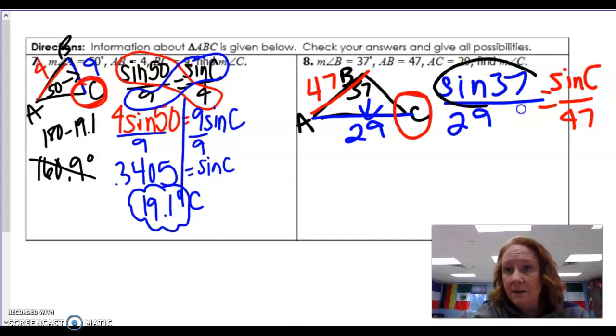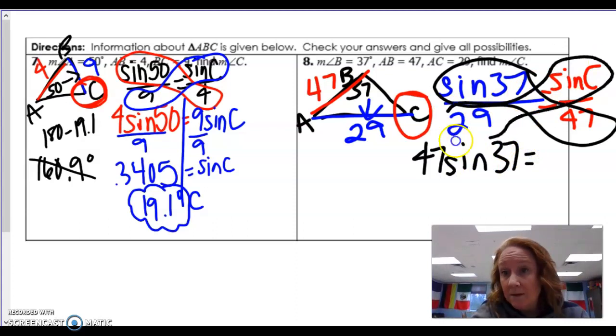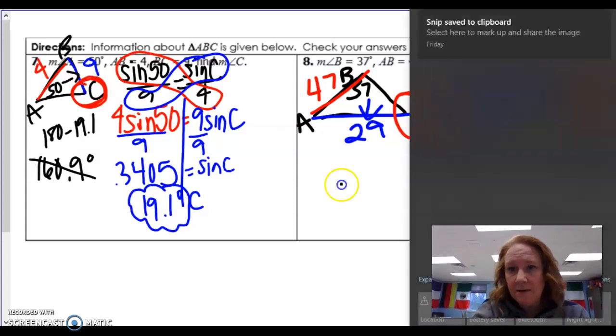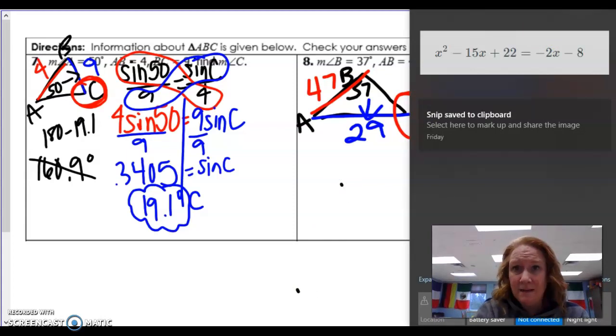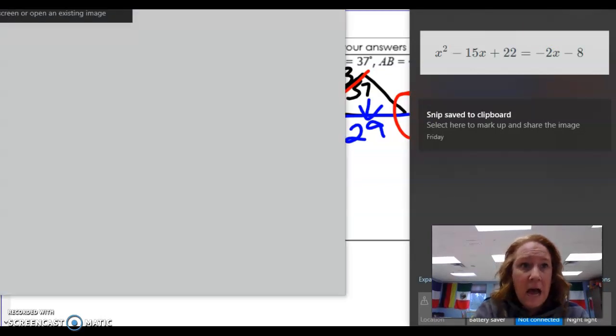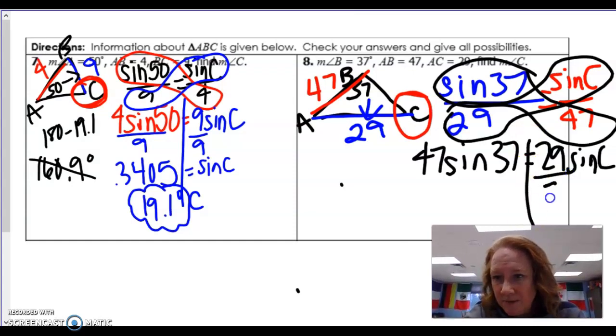So 47 sine 37 equals 29 sine C. So then get rid of that. Okay, it's always an adventure. So divide by 29.